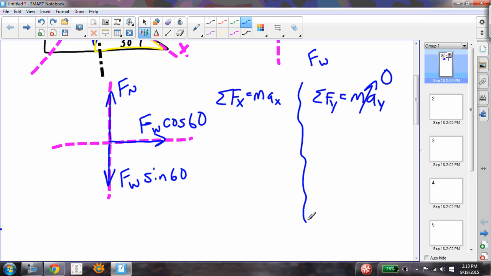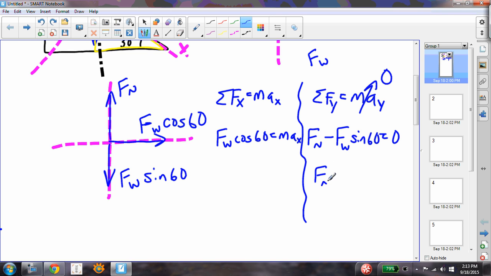Okay, so now I can write my equations. The sum of the forces in the y direction: Fn is in the positive y direction, Fw is in the negative y direction. That's Fn minus Fw sine of 60, and that's equal to 0. And then the sum of the forces in the x direction, well, that's just Fw cosine of 60, which is equal to max. So from these, I can say the normal force is equal to Fw sine of 60.